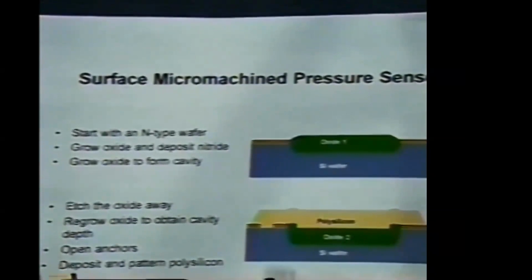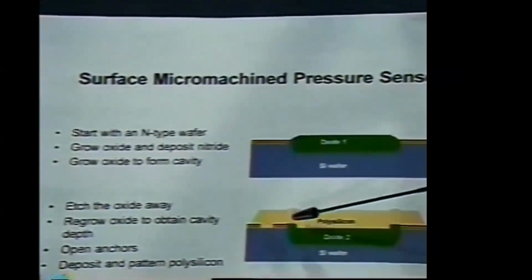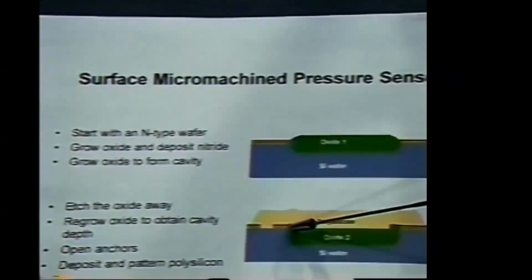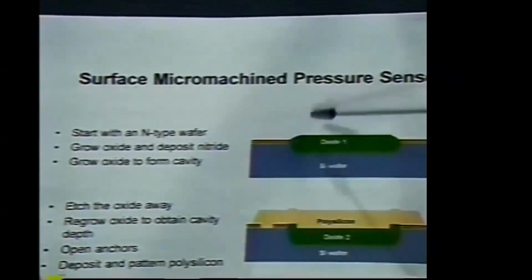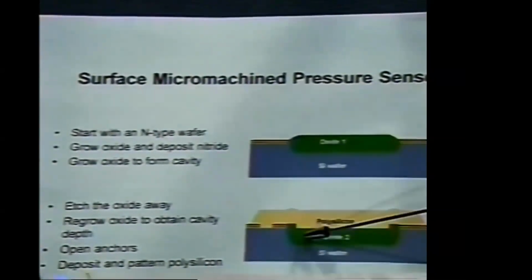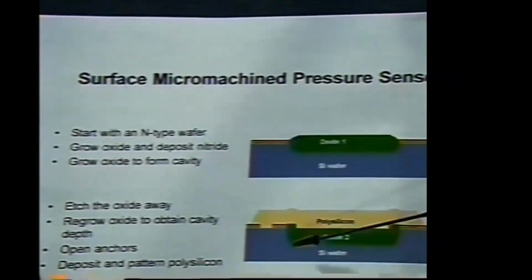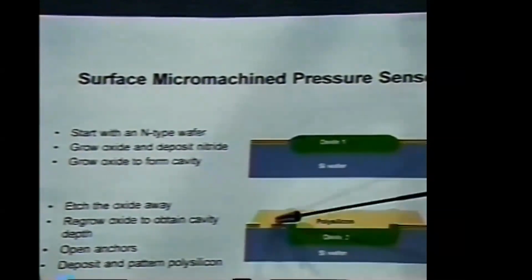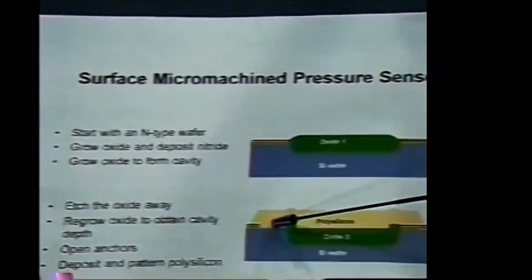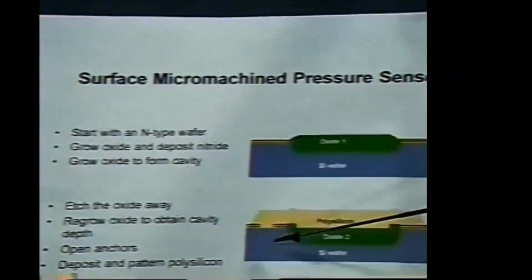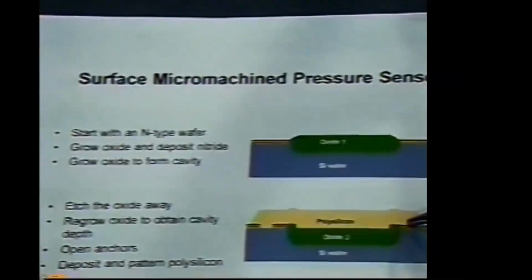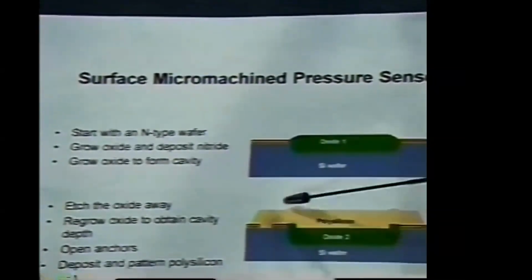So as the oxide is regrown in this cavity that has been opened up, it will form this sort of geometry on the surface of the wafer. Following the regrowth of the oxide, we open anchors from the nitride and the oxide down to the substrate so that the polysilicon plate that we're going to deposit on top of that can have direct contact with the substrate.